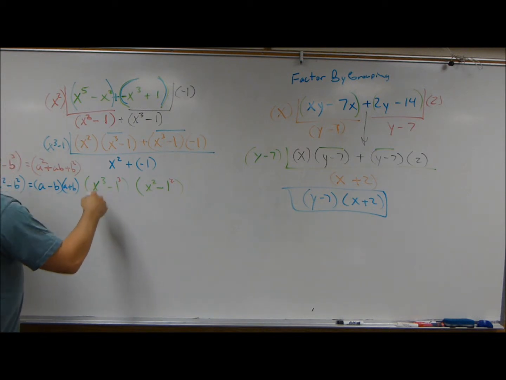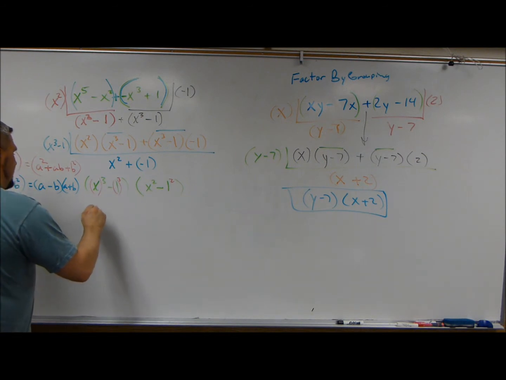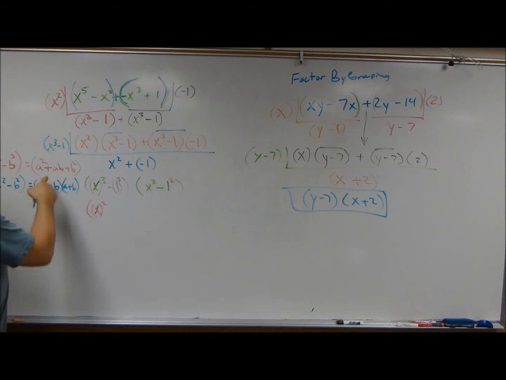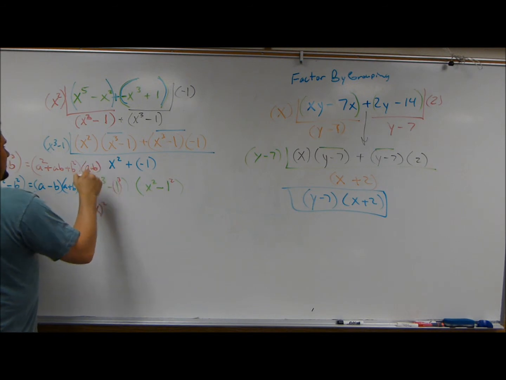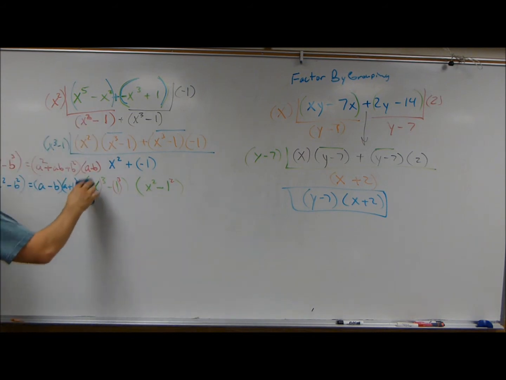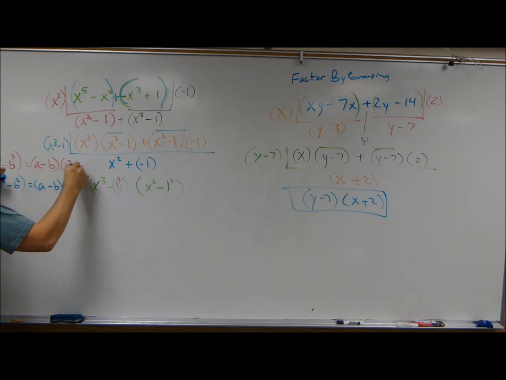We'll start with this guy, and I've got my a, and I've got my b. Actually, sorry. Why did I do that first? This is a minus b times the quantity of a squared plus ab plus b squared.